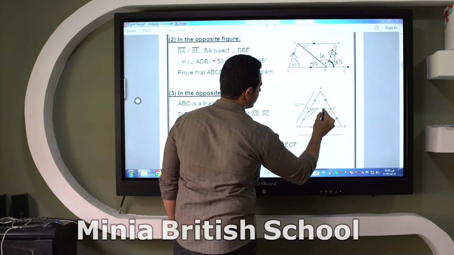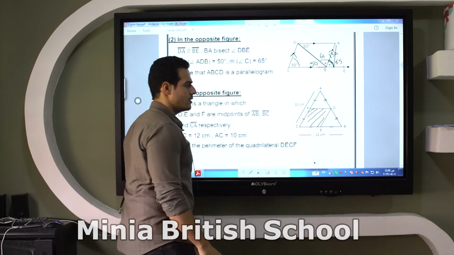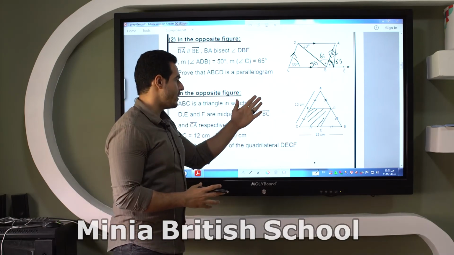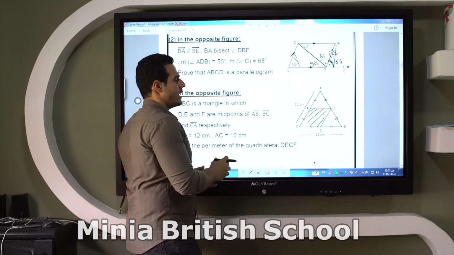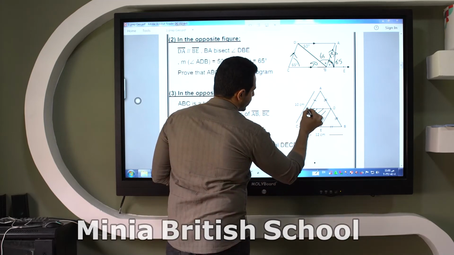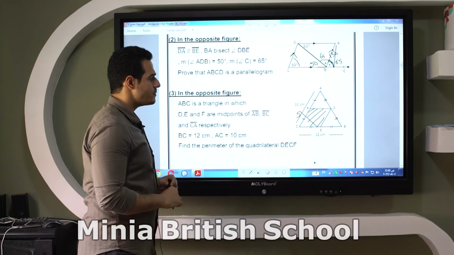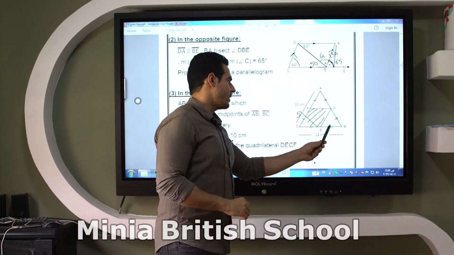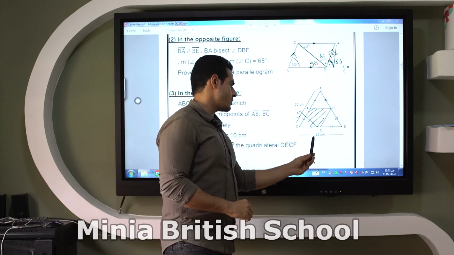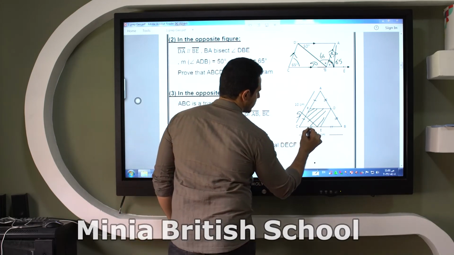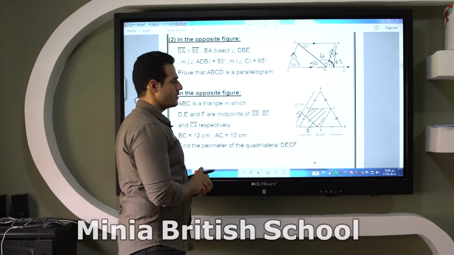First, since F is the midpoint of AC and AC equals 10, FC equals 5 centimeters. In the same way, BC equals 12 and E is the midpoint of BC, so EC equals 6 centimeters.